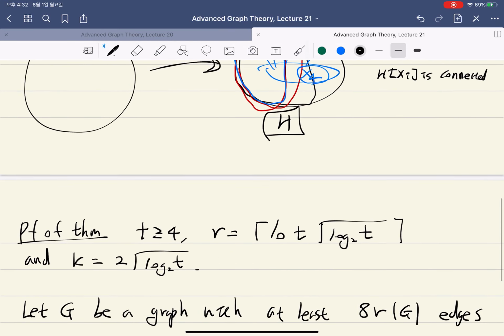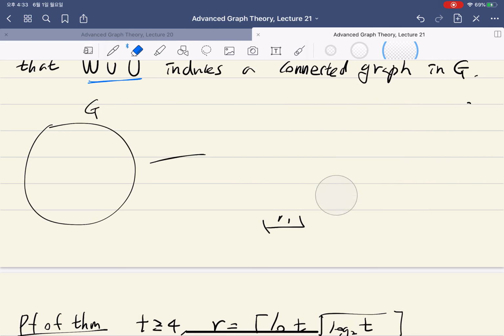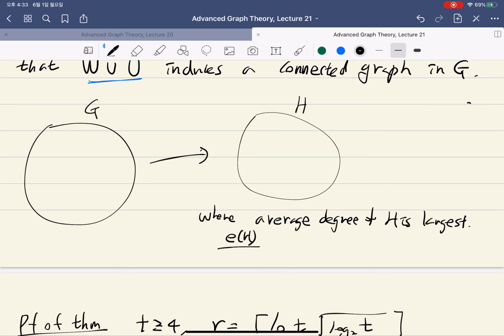One of the techniques is that once you have some minor, let's say you take a certain minor H where the average degree of H is largest among all subgraphs of G.